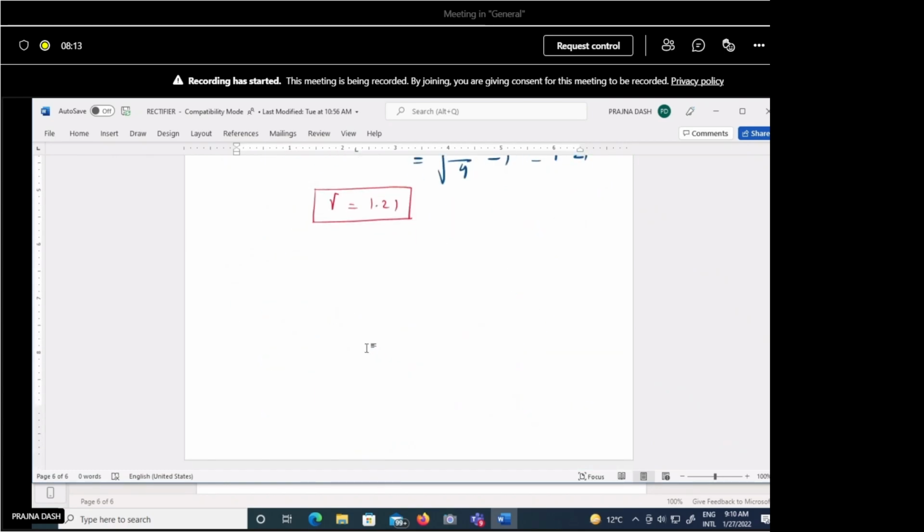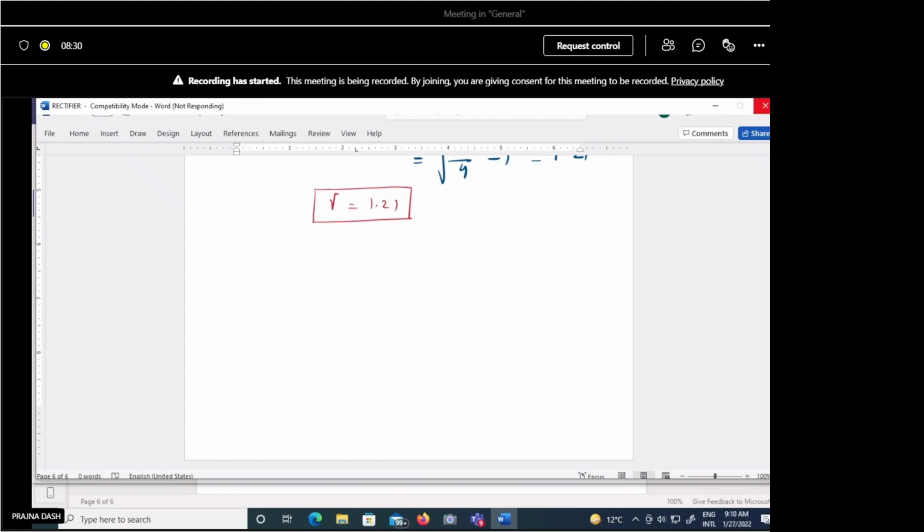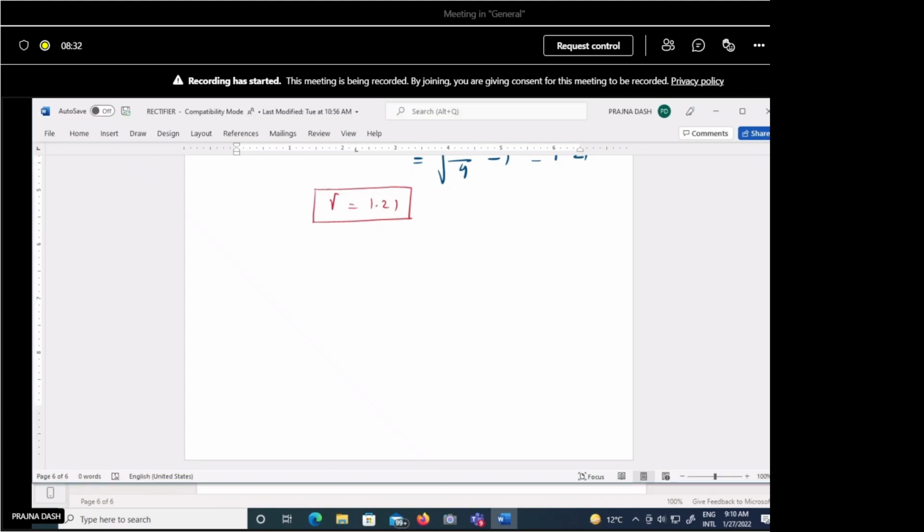Ma'am, can you explain PIV again? Peak inverse voltage, no? Okay. So peak inverse voltage is the voltage in the reverse bias condition. If you are applying reverse bias voltage to a particular diode, up to how much maximum voltage can we apply to that diode?